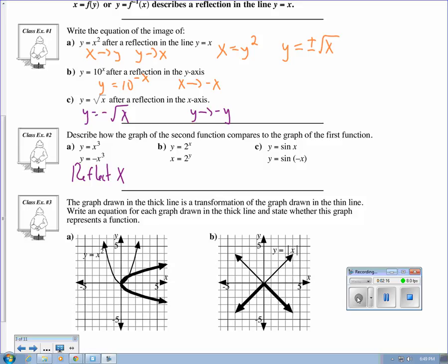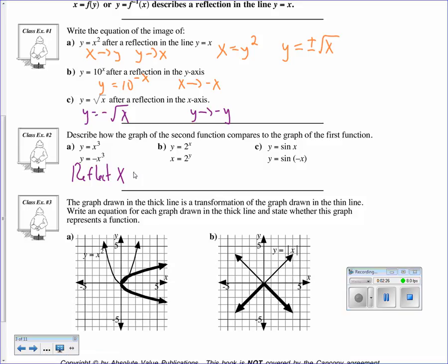So that's a little bit of a tricky one. Brackets end up being a little bit deceptive there. So it could be a reflection in the x because y became negative y. But it could also be a reflection in the y, and that would have been obtained by x becoming negative x, and that cube is just a little bit deceptive.